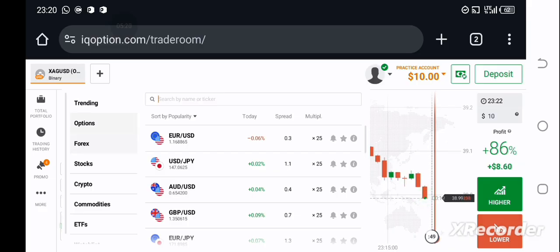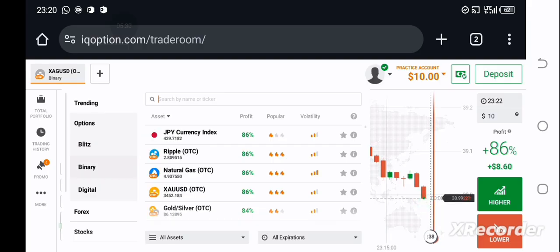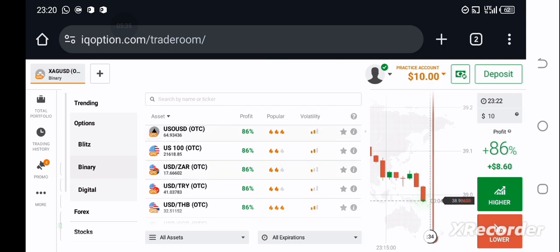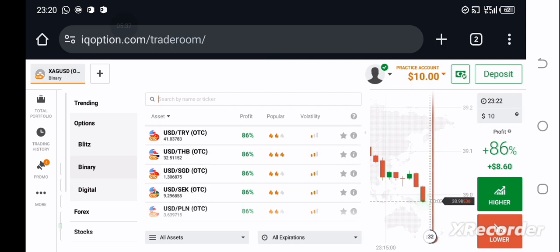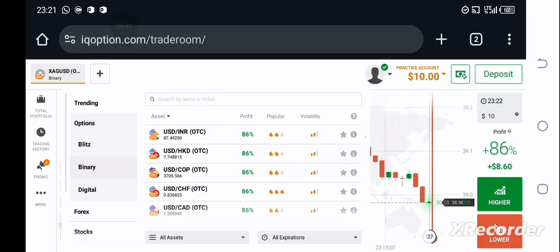Click options. Don't use blitz; you can use either binary or digital. I recommend you use binary. So you are looking at binary options. You can select any candles, any currency pair.